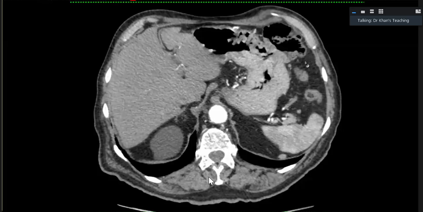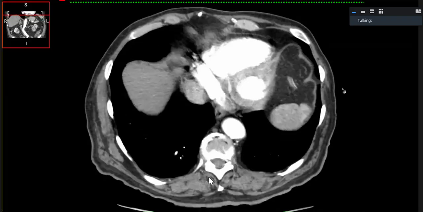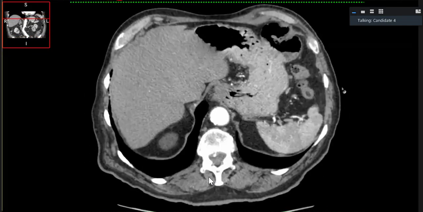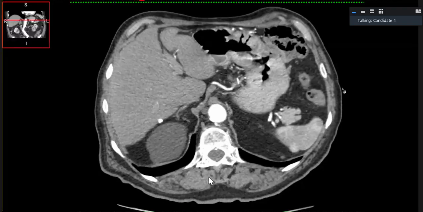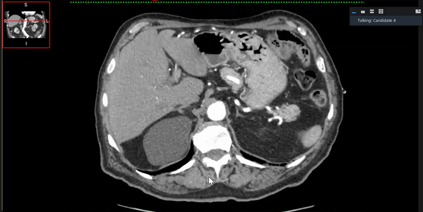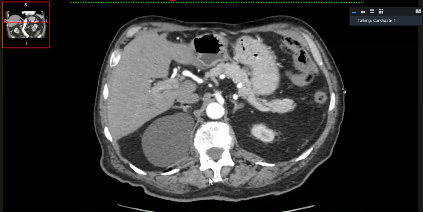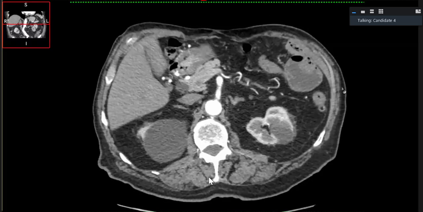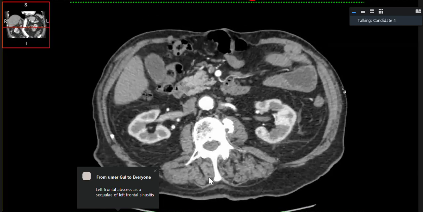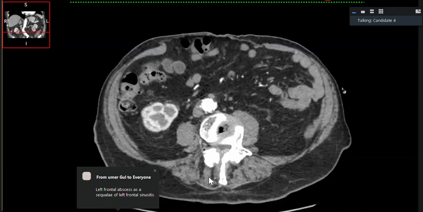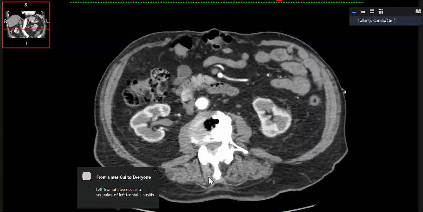Over to you. Okay, I'm presented with the CT mesenteric angiogram, and there is a suspicion of mesenteric ischemia. I'm looking at the vessels. The celiac trunk is normally opacified with contrast, including the splenic and hepatic branches. The superior mesenteric artery shows normal enhancement down its course.